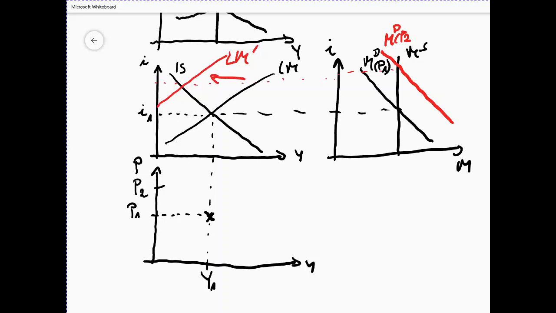But at this level we know that the equilibrium aggregate output must be lower than before. Let's call this y2. So we have now 2 points along the AD curve, and that gives us then the idea that the AD is a negatively sloped curve. Of course, here I analyze the effect of only one change, so we have 2 points, and with 2 points you can only draw a line.